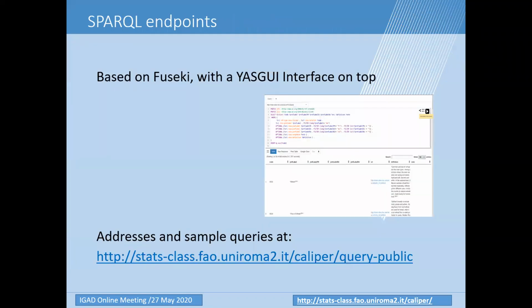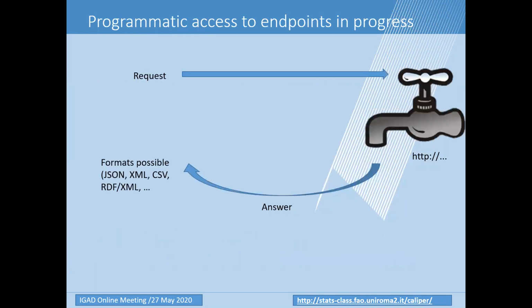We have endpoints, meaning interfaces on the web that you can query, and you could go and do your tests. Everything is available for you on the website. And it's also possible to build APIs, that means interfaces on top of those endpoints.